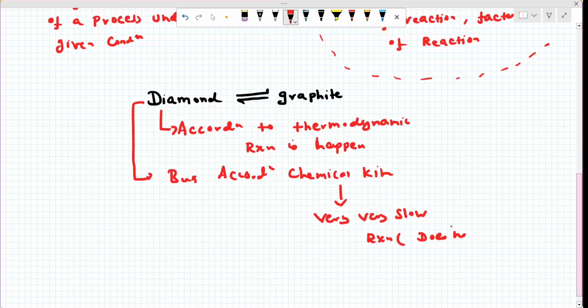According to thermodynamics, graphite converts to diamond and diamond converts to graphite. But according to kinetics, this is a very slow reaction. We cannot study the rate of reaction of this conversion. Now you understand? Using thermodynamics, we can only say whether the reaction happens or not, whether the reaction is feasible or not. Now, what is the role of kinetics?